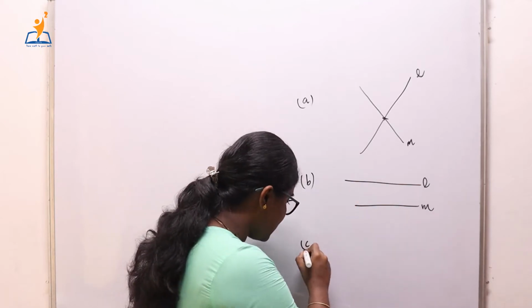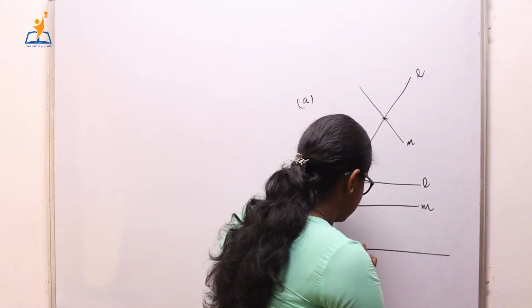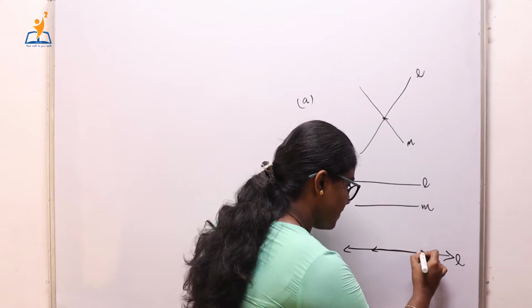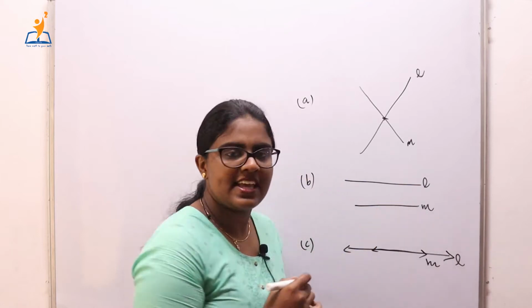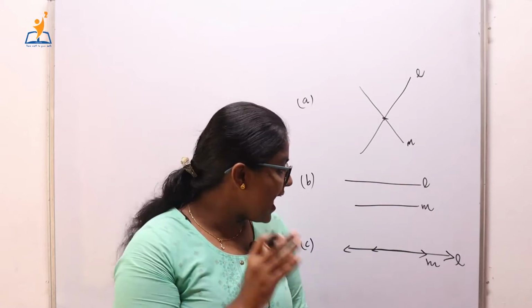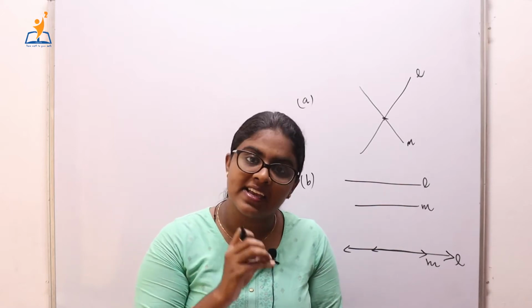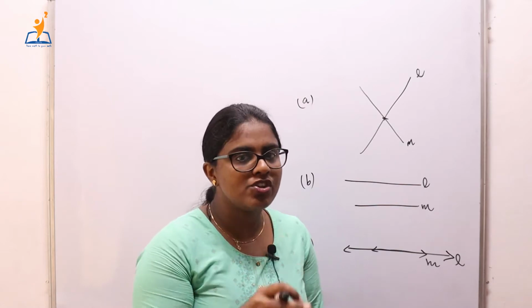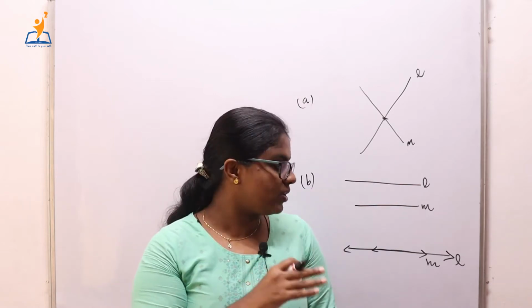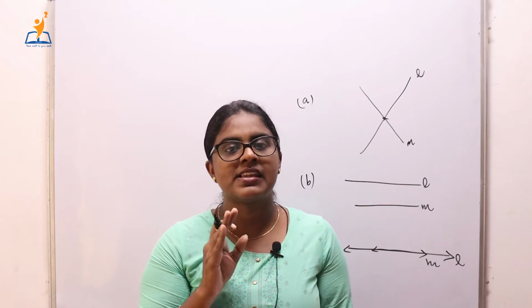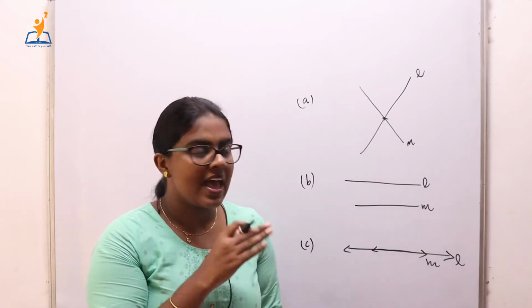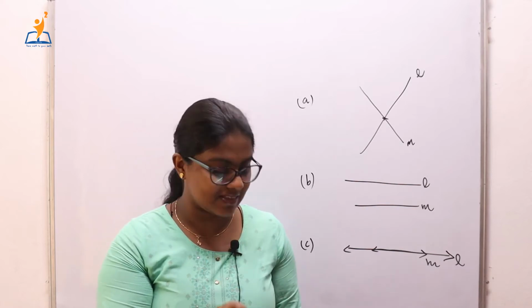The third case is that both lines L and M coincide with each other, which means they meet at infinitely many points, so both equations have infinitely many solutions. So these are the three cases, and now we are going to discuss the situation.